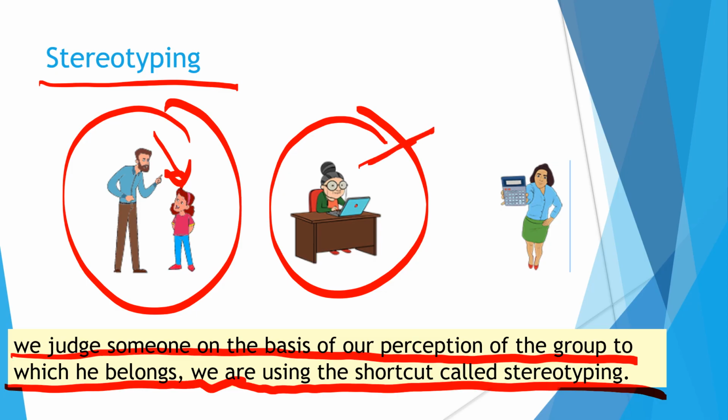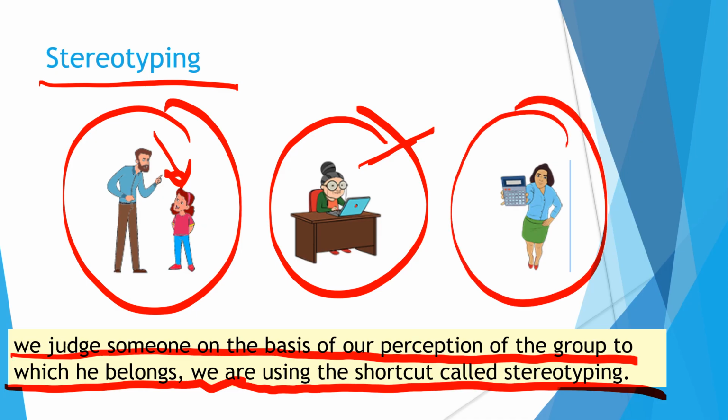There is an old woman who is working on the laptop. And the third thing is Indians are good in maths. Stereotypes can be deeply powerful to influence life and death decisions, because these perceptions are really very strong across the globe, and it is very tough to change the perception of people.